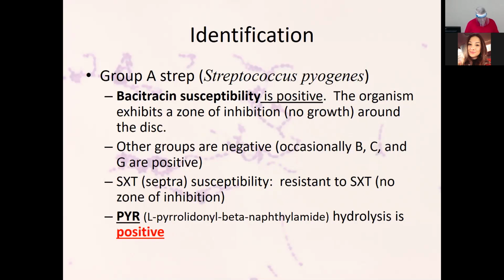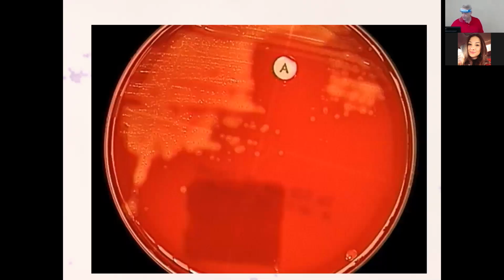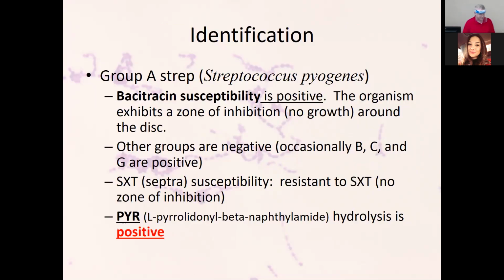Because I don't think I gave it a real good intro. Oops, did I say P disc? I did, didn't I? Oops, it's an A disc. Sorry, I got ahead of myself. It's an A disc for what? Group A, sorry. We've got a P disc coming up.